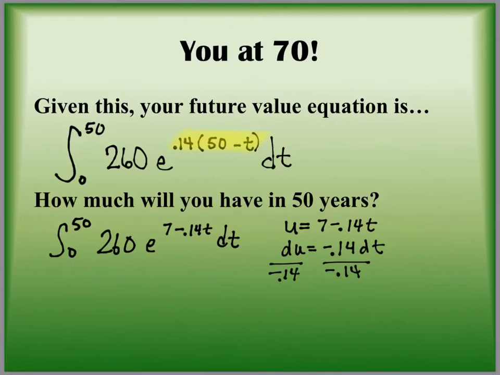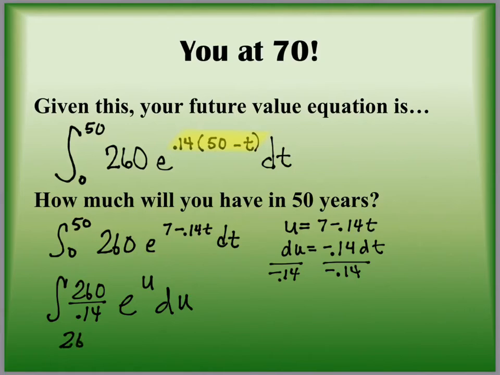So in our problem now, we have the integral. We'll leave the 0 and the 50 off for the moment. We have the 260. We're dividing by the 0.14. And now we have e to the u du. E to the u is a wonderful thing to take an antiderivative of, because he's his own best friend, right? You take a derivative, you take an antiderivative, it doesn't change.